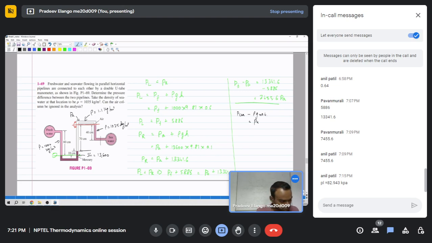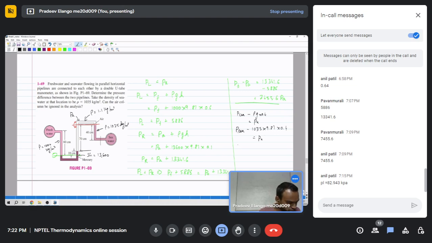So then I think we can solve this. Okay, we will finish this and go. We have PC water minus rho of seawater, that is 1035 into 9.81 into 0.4, is equal to the pressure of air.